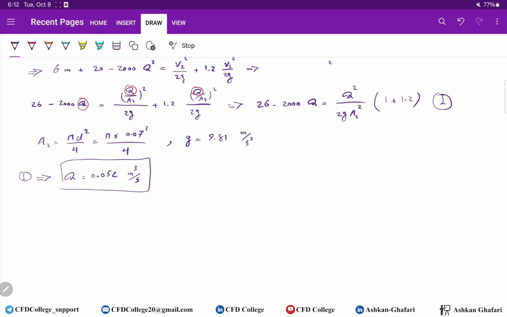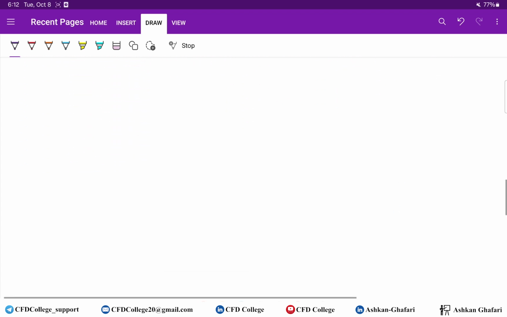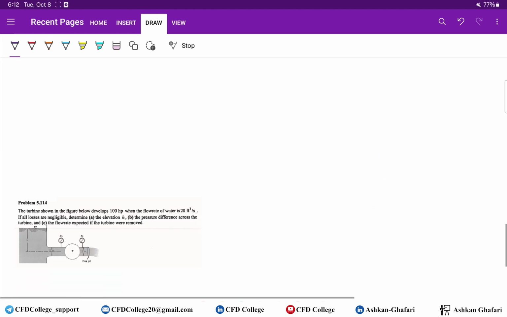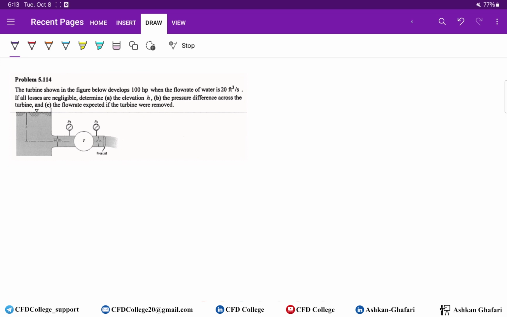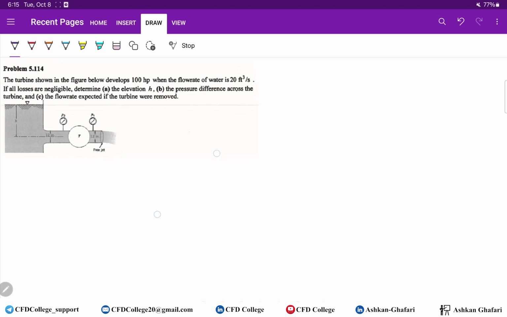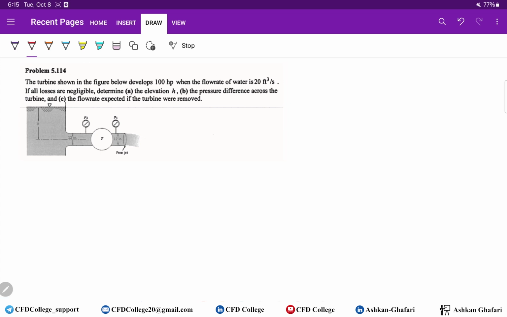This chapter is easy, as you can see, but you have to be careful about what you have and identifying the key points. This is the third problem, problem 114, where you can see a turbine. The turbine shown in the figure below develops 100 horsepower when the flow rate of water is 20 cubic feet per second.